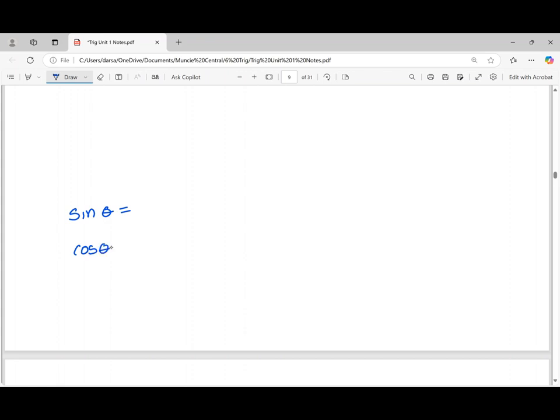Remember, sine is opposite over hypotenuse, and cosine is adjacent over hypotenuse. Now, if we take sine of theta and divide it by cosine of theta, that's opposite over hypotenuse divided by adjacent over hypotenuse.